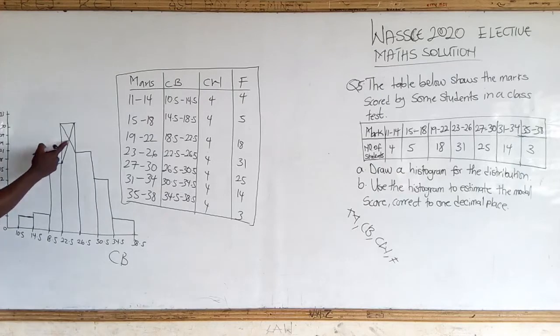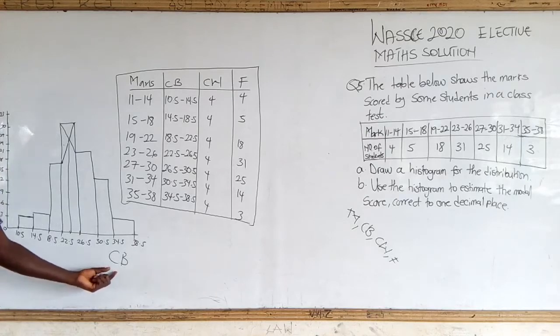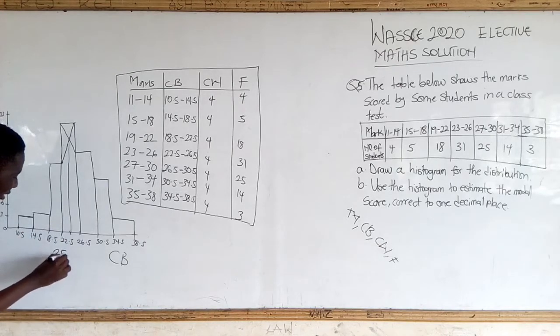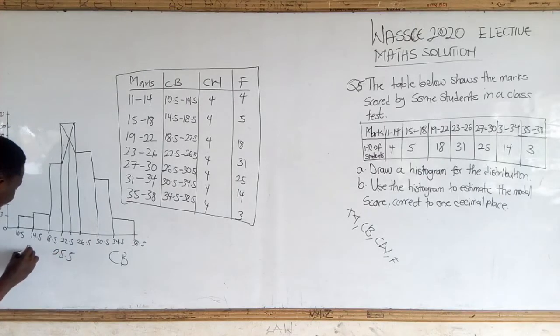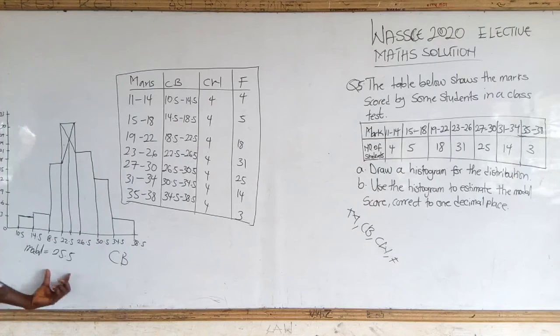At their meeting point, we trace it downwards to where it meets the class boundary axis. The point that you get over here will be your modal mark. In this case, I can say I had 25.5 as my modal mark. But my graph is not drawn to scale, so you can manage it as it is.